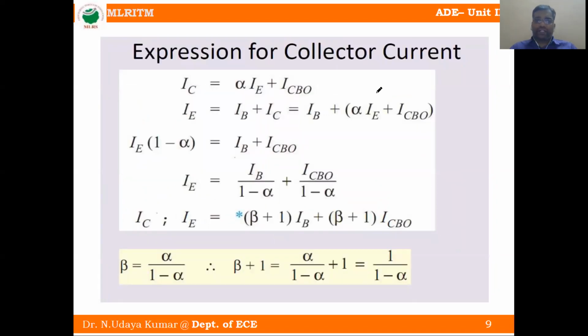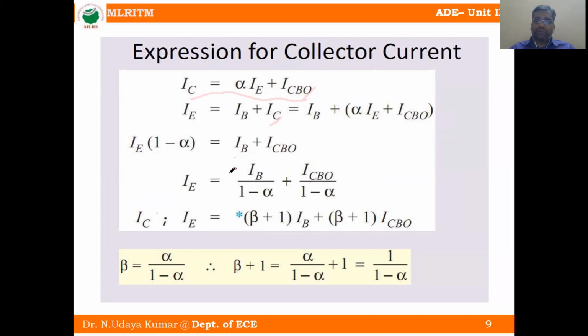Now the expression for collector current. We know collector current is equal to alpha times IE plus leakage current. IE is equal to IB plus IC, so substituting for IC, IC is equal to alpha IE plus ICBO. Taking IE common, we get IE is equal to IB by 1 minus alpha plus ICBO by 1 minus alpha. So IE is equal to beta plus 1 into IB plus beta plus 1 into ICBO.